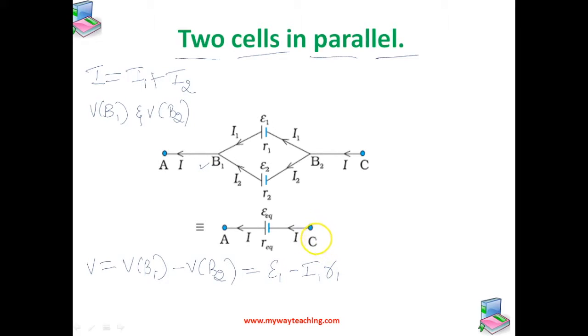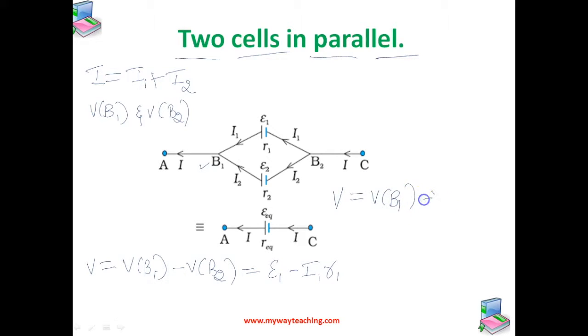Points B1 and B2 are connected exactly similarly to the second cell, so when we consider the second cell, we can write the same expression.